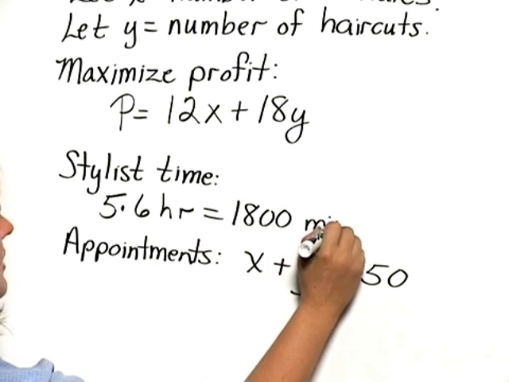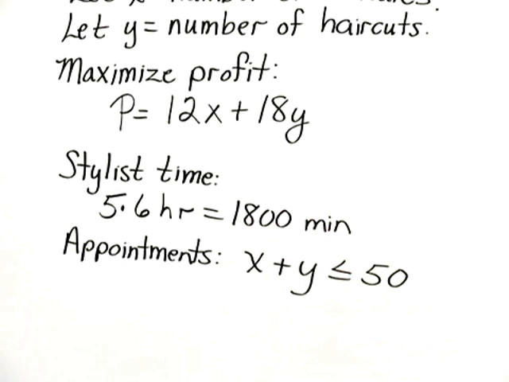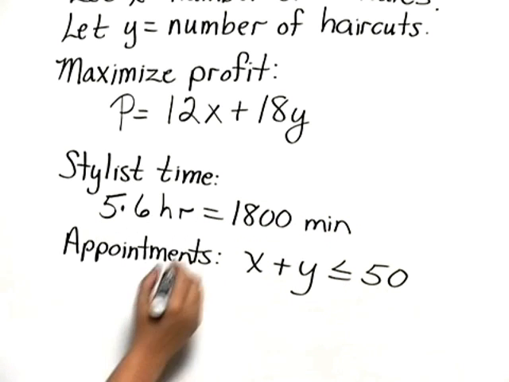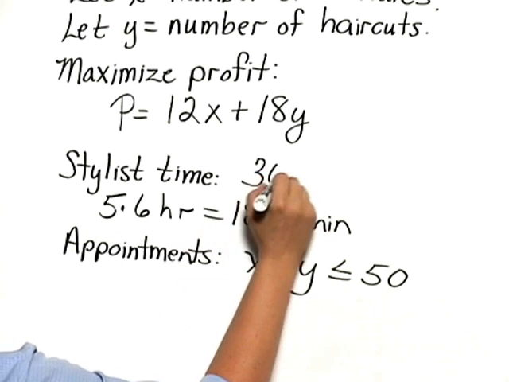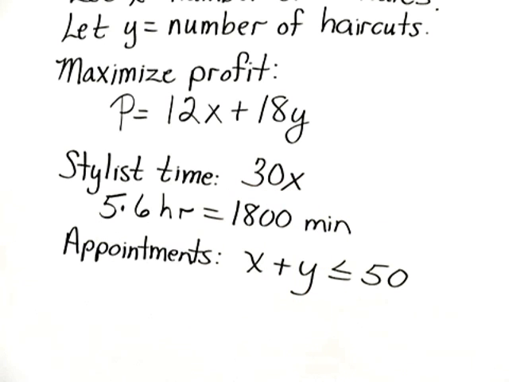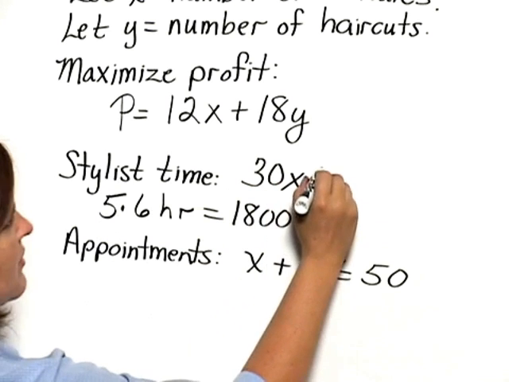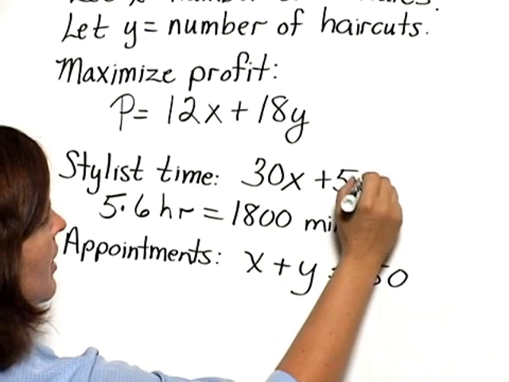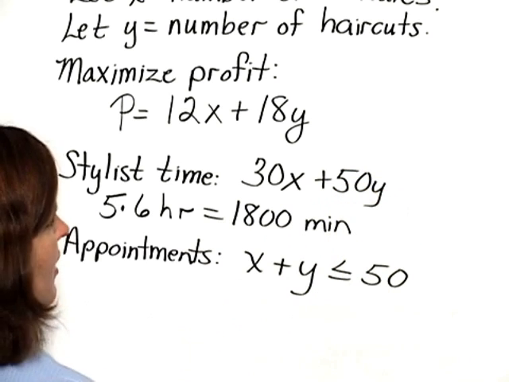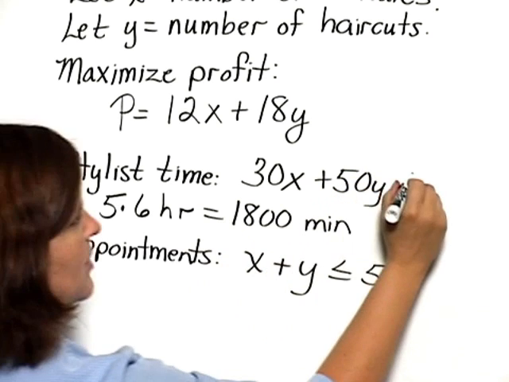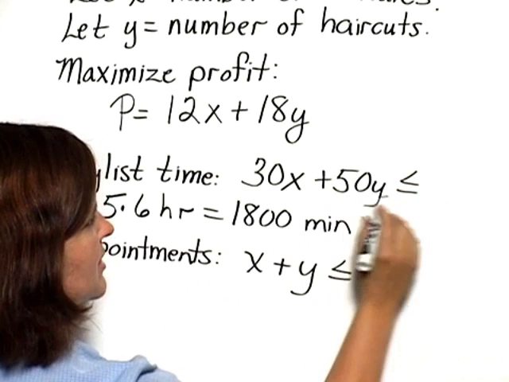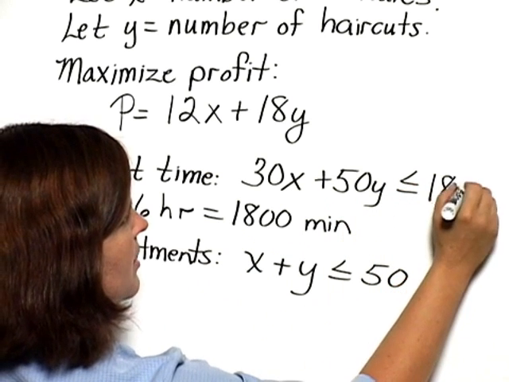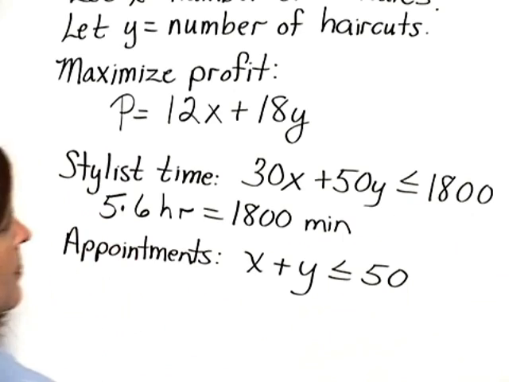That's the limit of the stylist time. Now each manicure takes 30 minutes, which would be 30x. Each haircut takes 50 minutes, which would give us 50y. And that cannot be greater than the amount of time available, which would mean that this has to be less than or equal to 1,800.